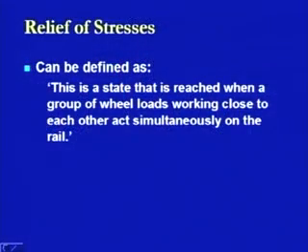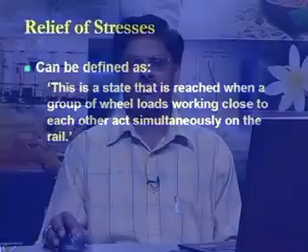So, this relief of stresses can be defined as the state that is reached when a group of wheel loads working close to each other act simultaneously on the rail. Now, as we have seen previously, when we are trying to define and compute track modulus, as soon as the load is applied from the top, a deformation or depression gets created at the bottom on the rail section.